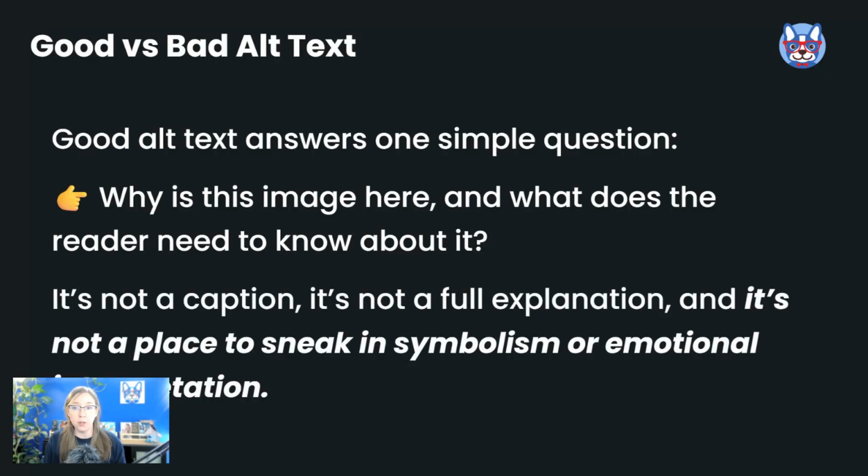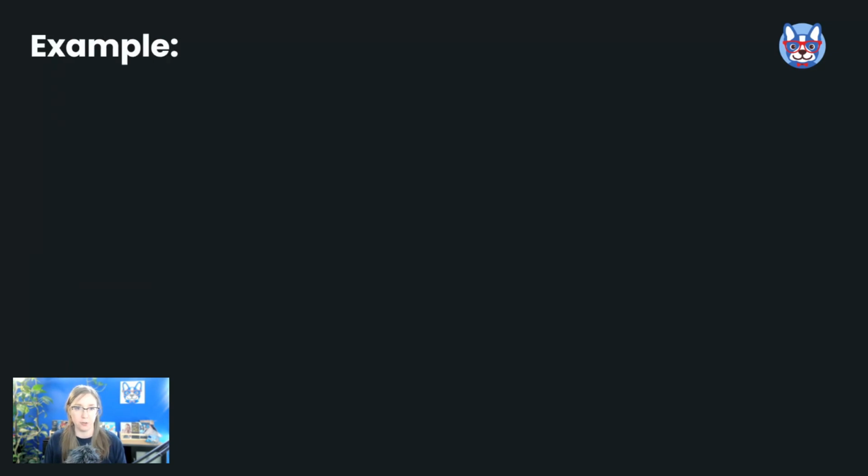This is not a full explanation of what every little detail of the image is. And it's never going to be a place where you need to sneak in symbolism or some sort of emotional interpretation if that's what you feel your image is giving to the context of your book. You want to keep it very simple. What does the reader need to know if they cannot see the image?